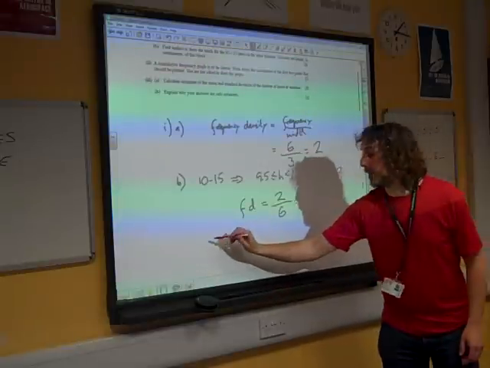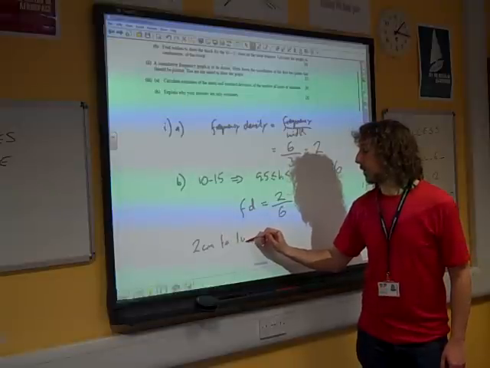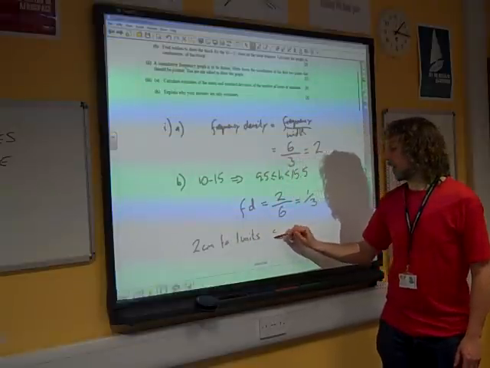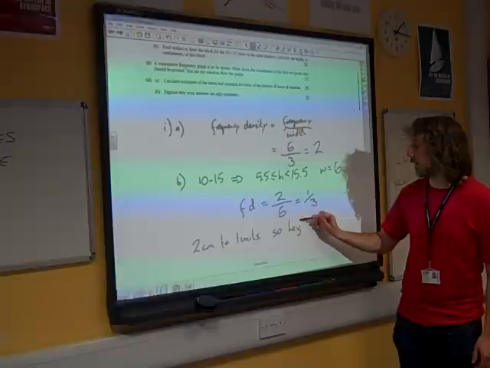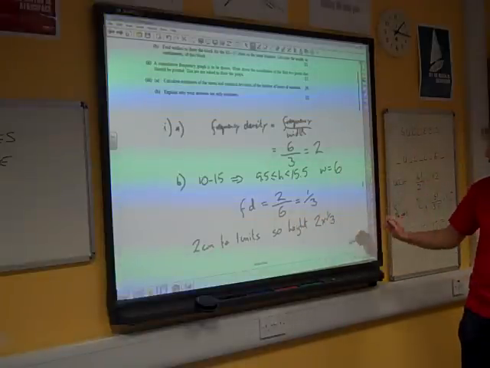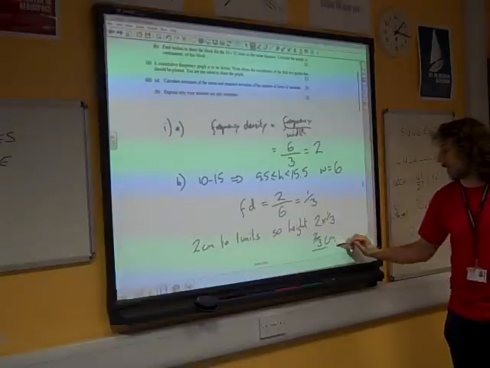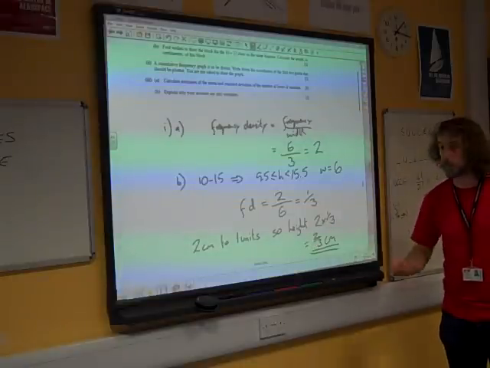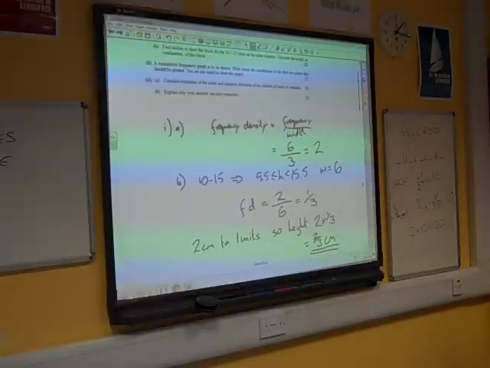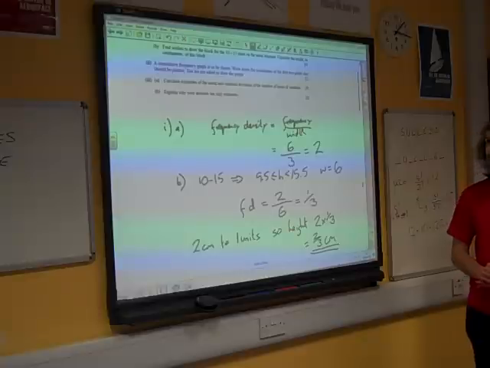So the height is going to be 2 lots of 1/3. So the height is going to be 2/3 centimetres. That's our answer for that bit. That was a bit mean, throwing in that thing about converting it to centimetres in that one.